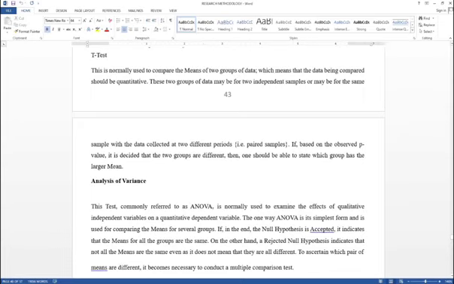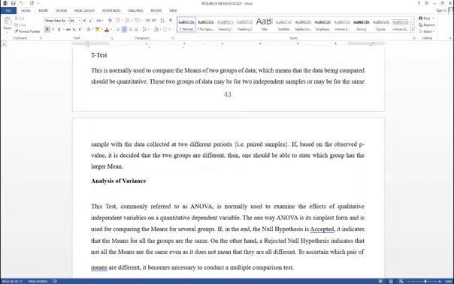It is normally used to examine the effects of qualitative independent variables on a quantitative dependent variable. So you're talking about two different variables now. One is qualitative and independent, and the other is quantitative and dependent. The one-way ANOVA is its simplest form and is used for comparing the means of several groups.